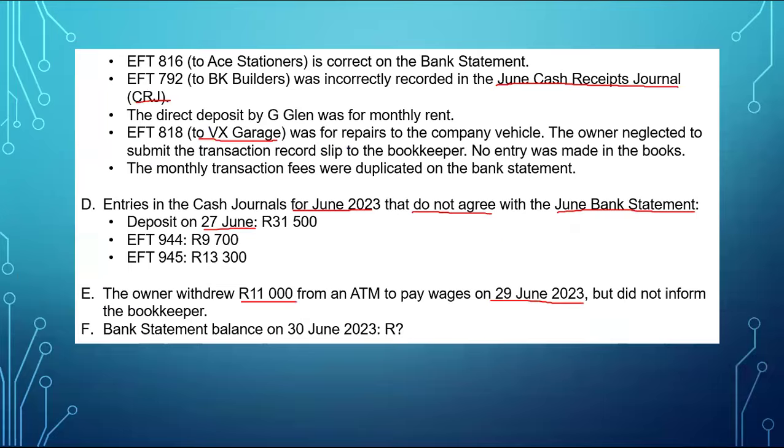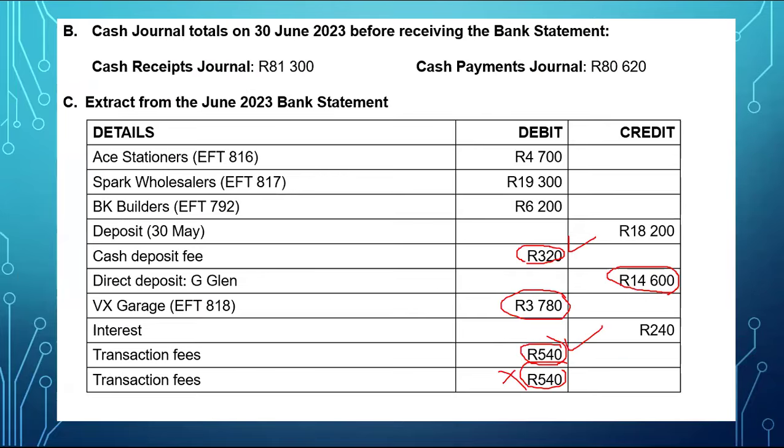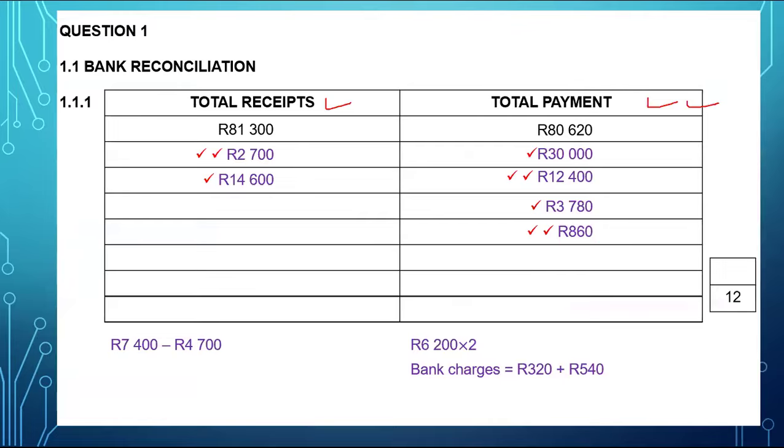But before I move on to that, I want to record this interest here that I spoke about. It will be recorded on the debit side, under receipts, because it was interest on a favorable balance. How do I know that? It is because it was recorded on the credit side. If it was recorded on the debit side or unfavorable, if they said it was interest on unfavorable balance, I was going to record it in the CPJ.